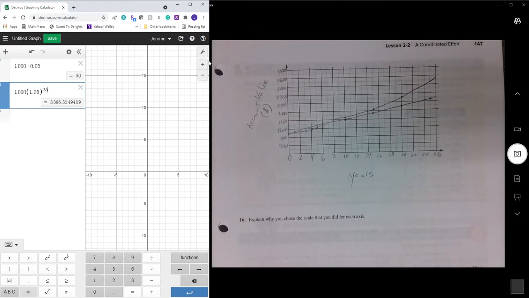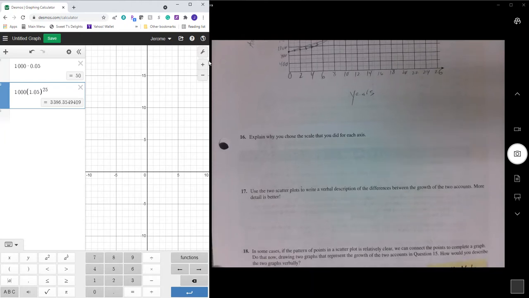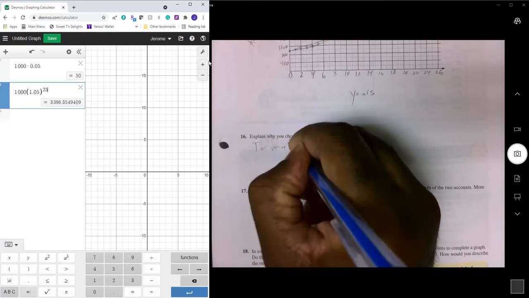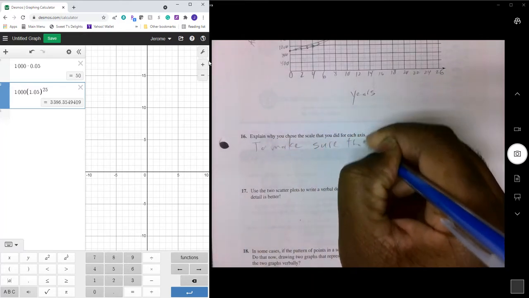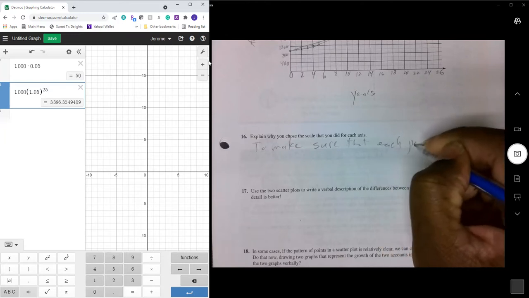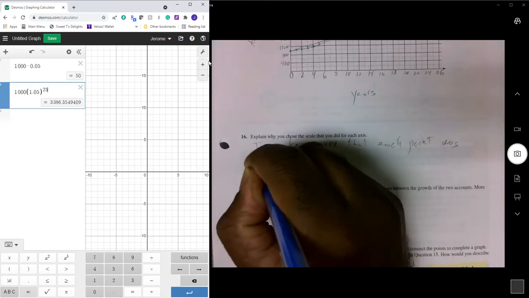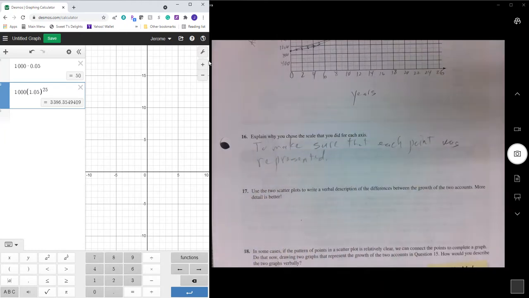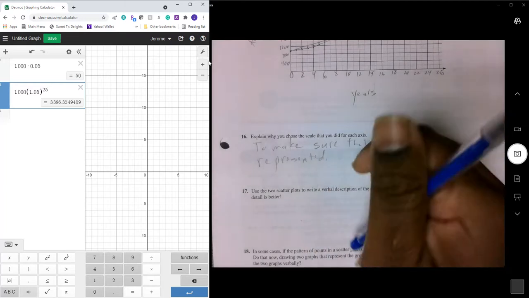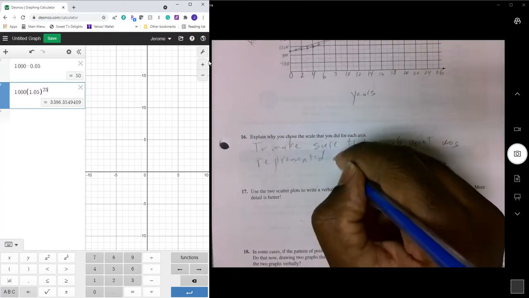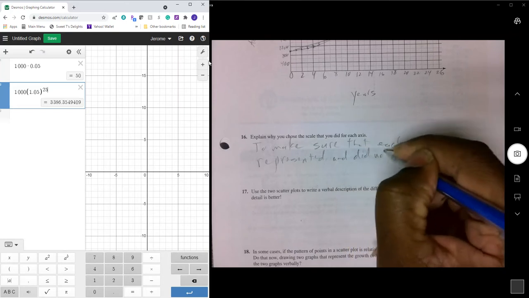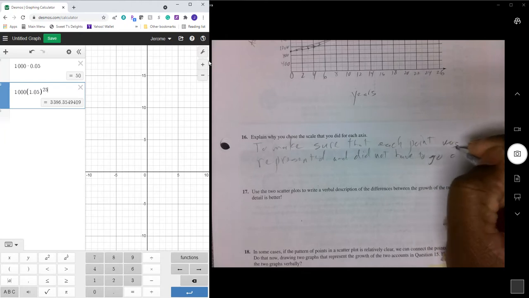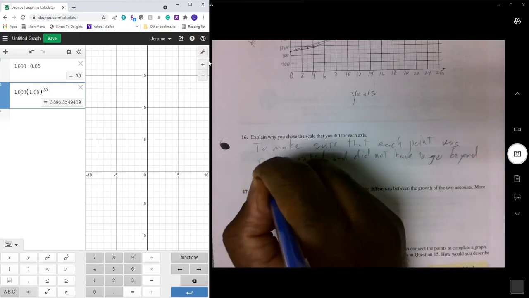Okay, 16. Explain why you chose the scale that you did for each axis. To make sure that each point was represented and did not have to go beyond the graph.